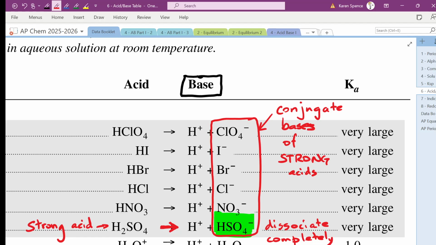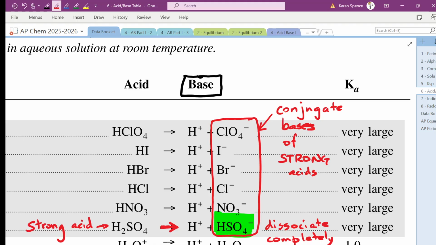So when we had our H2SO4, the conjugate base of H2SO4 is HSO4 minus, okay? And the conjugate acid of HSO4 minus is H2SO4. Now, you can be a conjugate base of something because you just take off the proton.